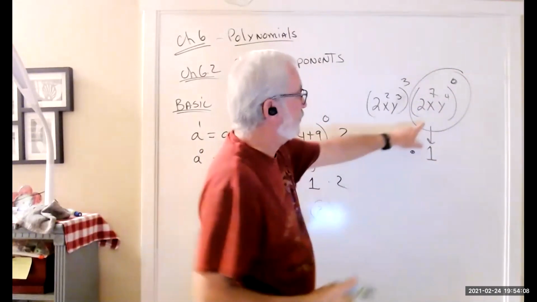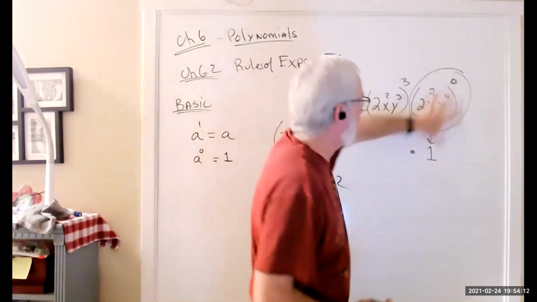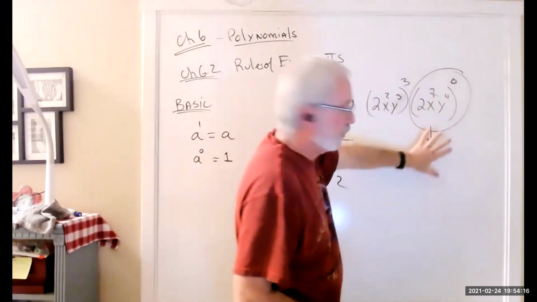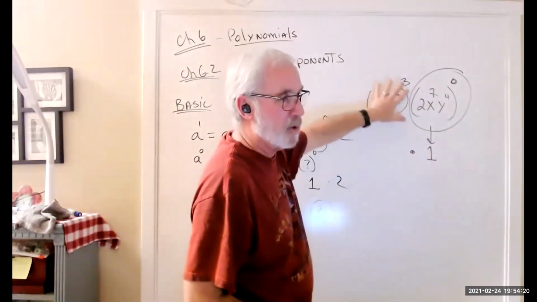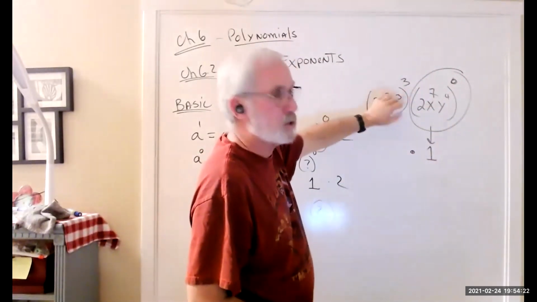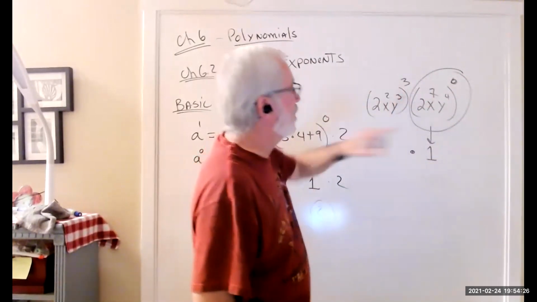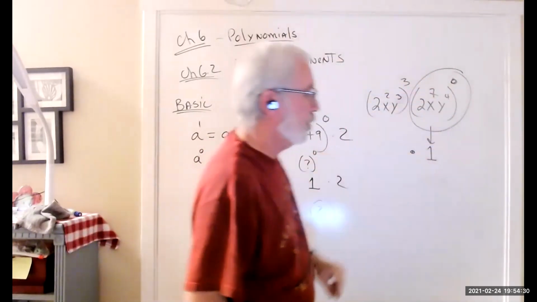So this effectively drops out of the problem, and yet students will try and do all kinds of crazy stuff with this when actually it's just a 1, and the only part of the problem you have to do is that part of the problem, which I'll explain later, so don't panic. But you've got to know any quantity to the 0 power is always a 1.